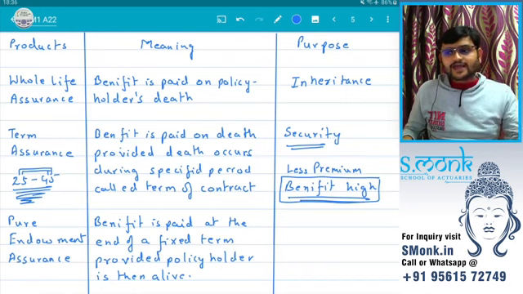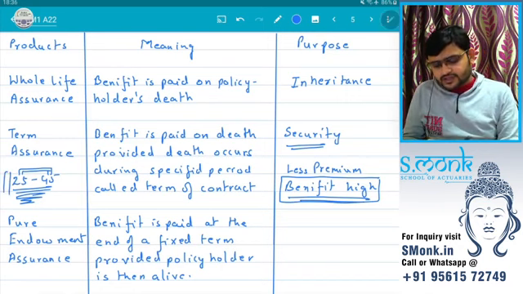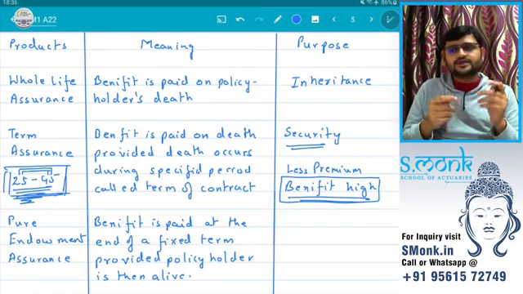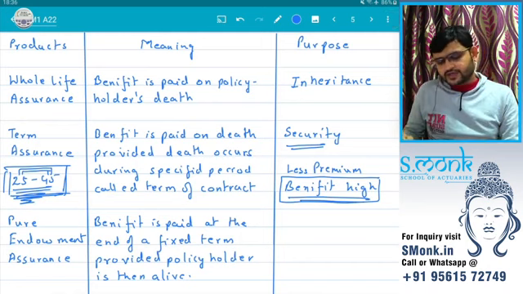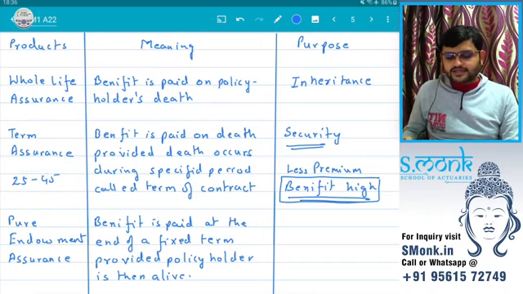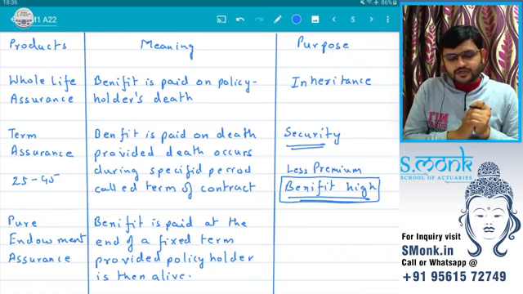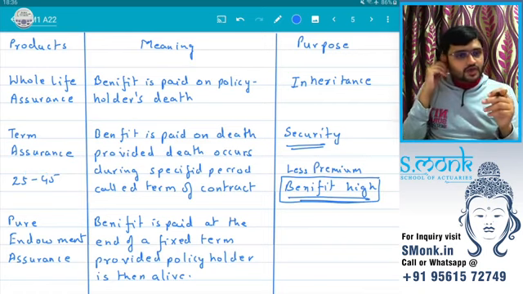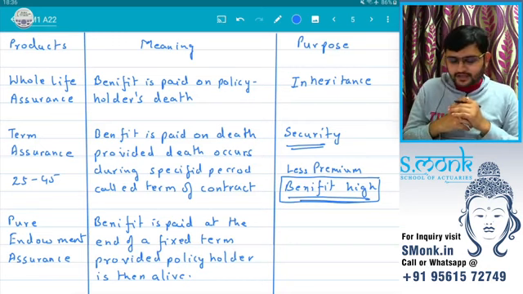There can be accident, which is one of the largest reasons of dying at this particular age, because usually diseases and other health problems are very less at this particular age. Usually it is the accidents that are the major reason for the death at this particular age. So what happens is there is a security, because you won't have to worry about what might happen after that. Correct?